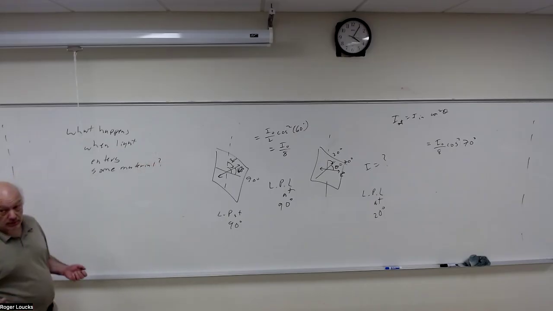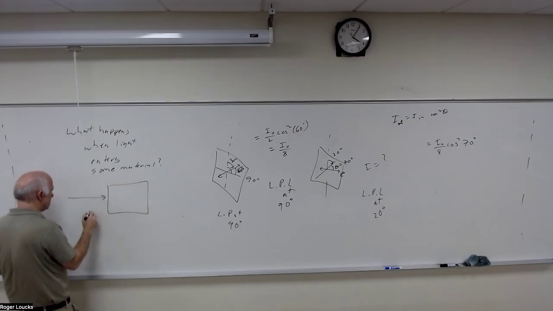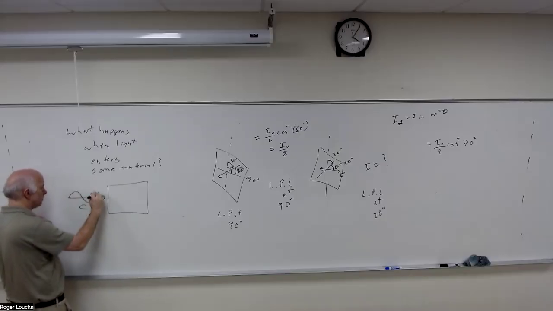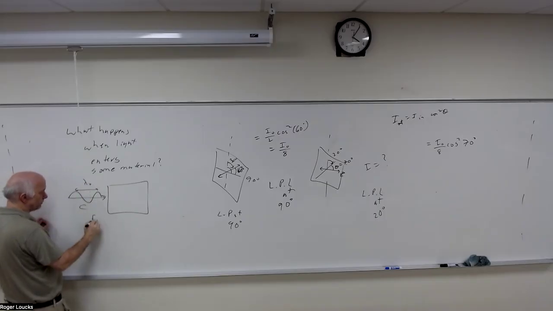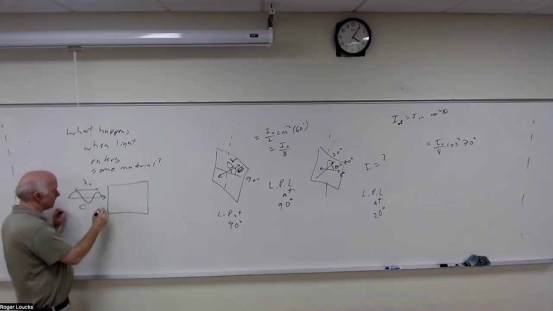We're going to spend a long time on this point, but this will be the beginning. So here's my material, and here's my light. It has some speed c and some wavelength, which I'll call lambda naught. It has some frequency f. It's going to go in here, and what's going to happen?